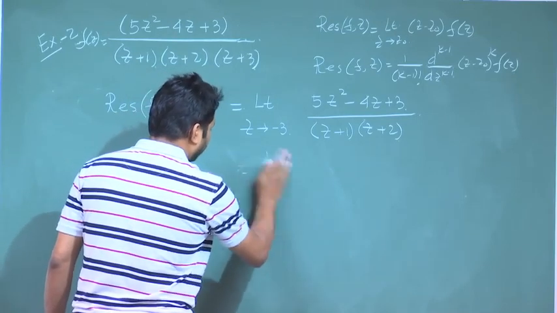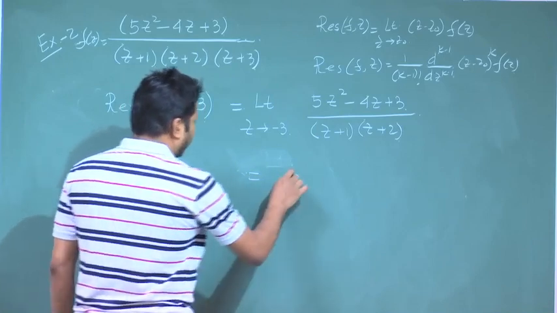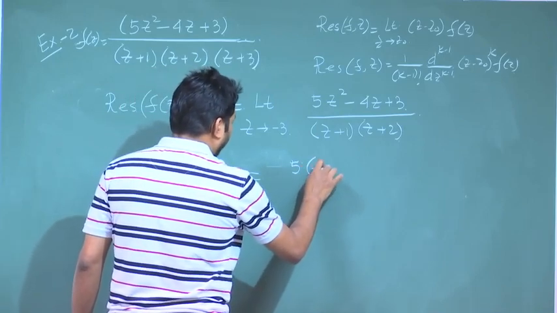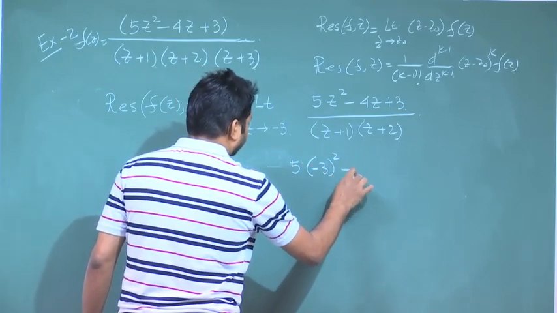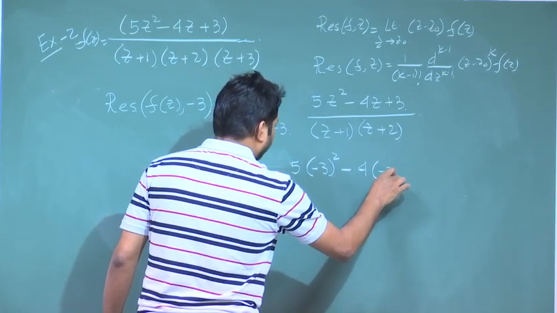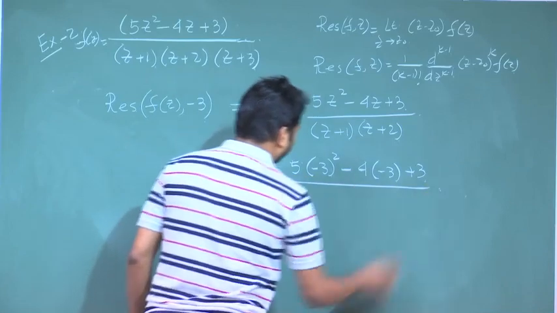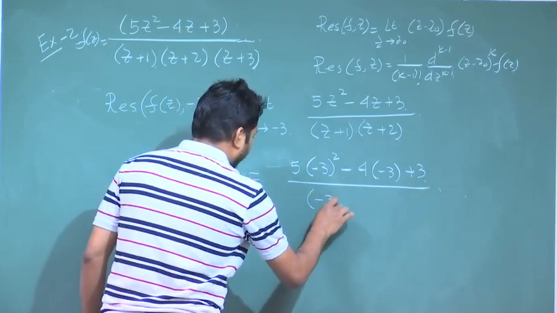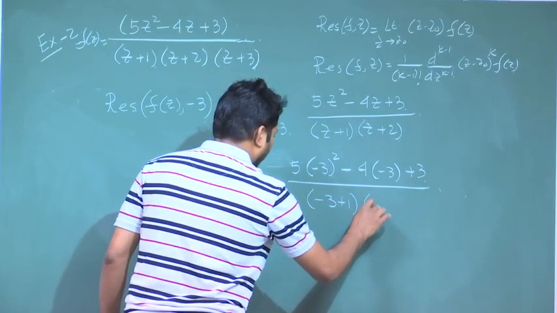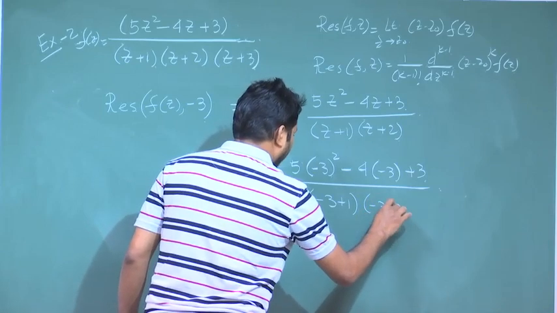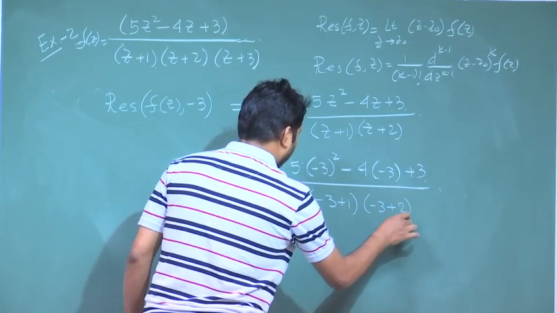If I put the limit directly, then I have 5 times (minus 3) square minus 4 times minus 3 plus 3, divided by minus 3 plus 1 times minus 3 plus 2.